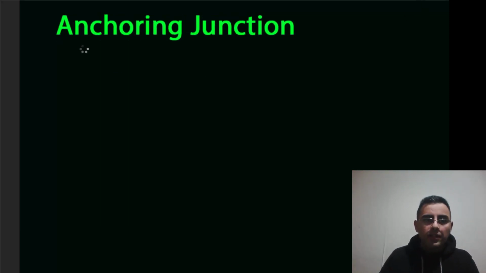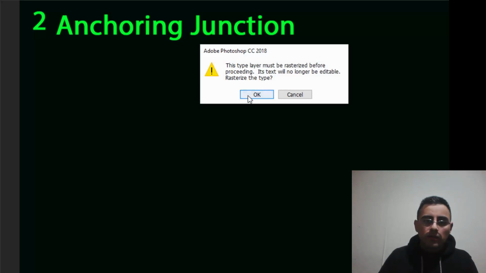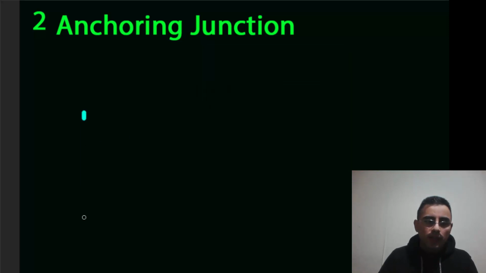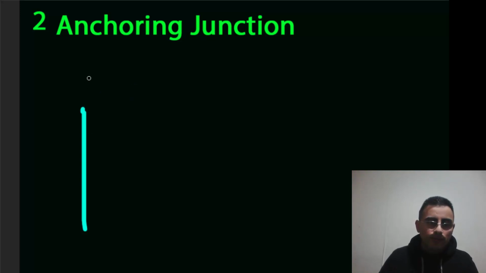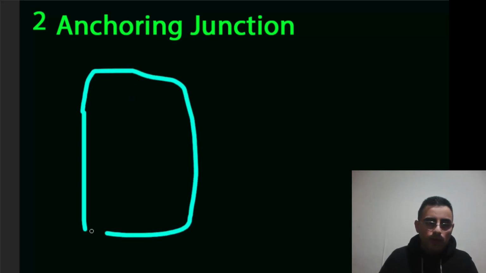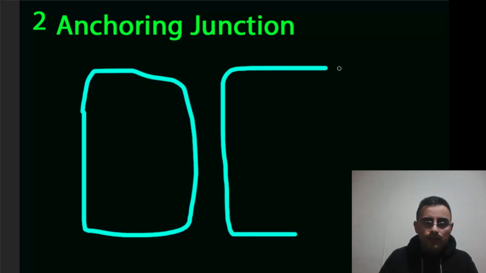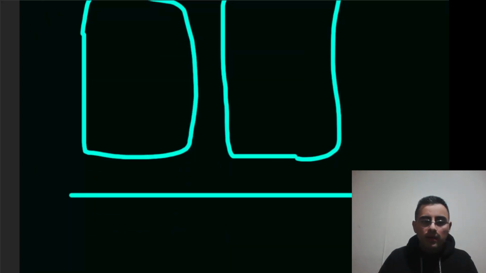First was the barrier junction, second is the anchoring junction. Let's paint two cells again. Here is one cell, it's very big, one epithelial cell, and another cell, and here is the basal lamina.